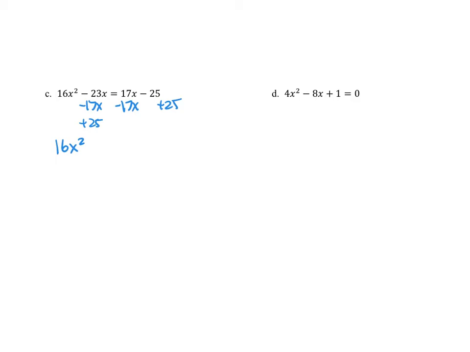The -23x and the -17x gives us -40x. Plus 25 is equal to 0. Here we go, identifying these. a is the 16, b is the -40, c is the 25. Bigger numbers, but you can handle it. Go for it.